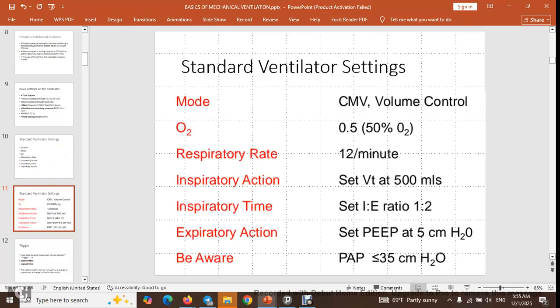Also FiO2, like 50% oxygen or whatever you like based on the patient condition.